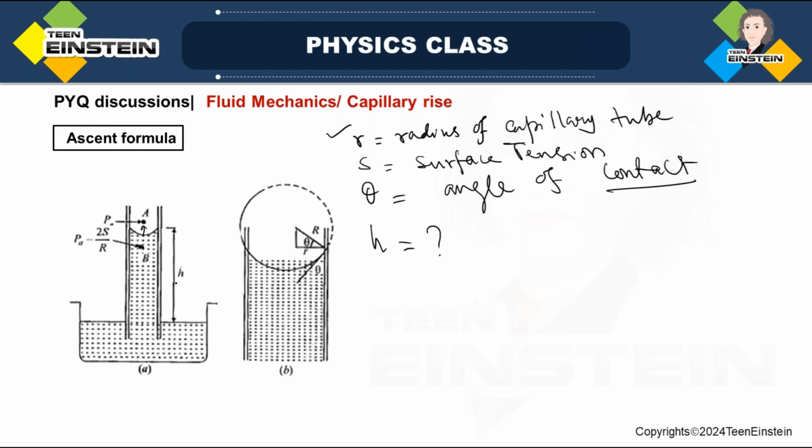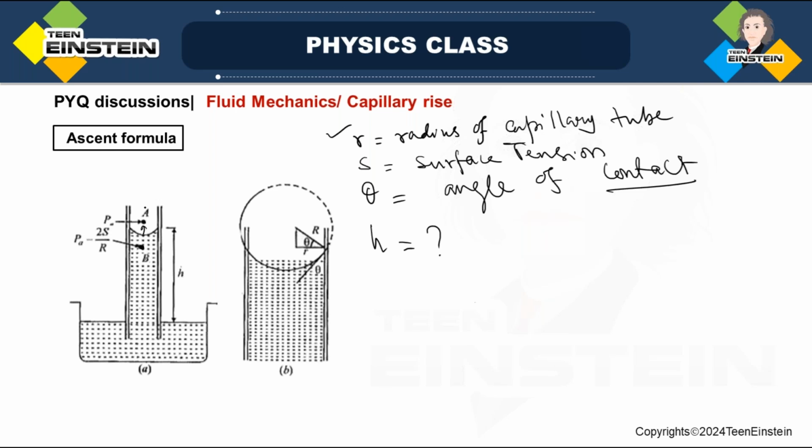Let us say this height from the water surface outside is h. The pressure at B will then be less than the excess pressure at A. So you know what I'm trying to say.